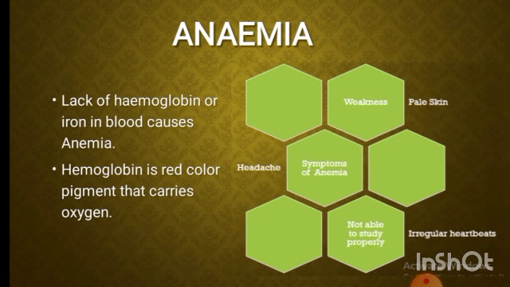Okay? And various symptoms of anemia are weakness, pale skin, that means yellowish skin, headache, not able to study properly or not able to do daily routine activities properly, and irregular heartbeats.